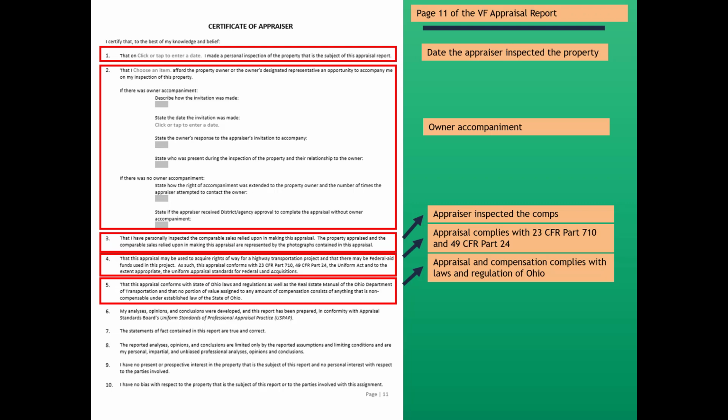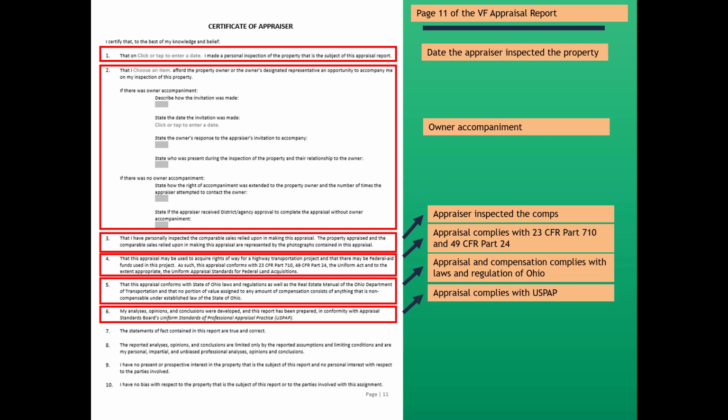That is the section of the code that governs the director of the Ohio Department of Transportation and is this eminent domain power that ODOT has. Our real estate appraisal process also has to comply with eminent domain law, which is Chapter 163 of the Ohio Revised Code. Number 6, the appraisal has to comply with USPAP.